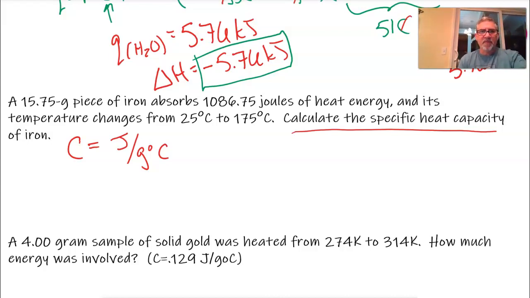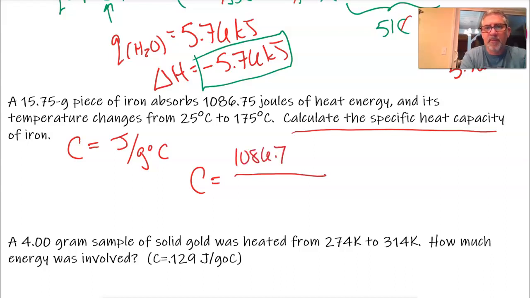I've got a 15.75 gram piece of iron. It absorbs that many joules, and its temperature changes to that. So C is equal to my joules on top, and I've got grams down here.